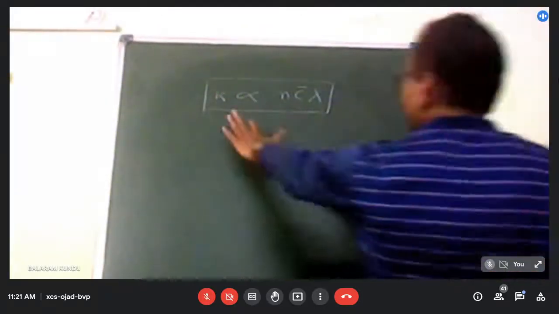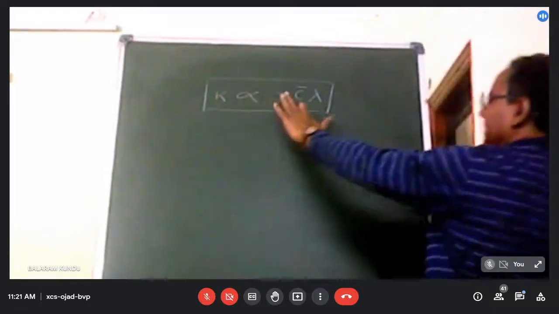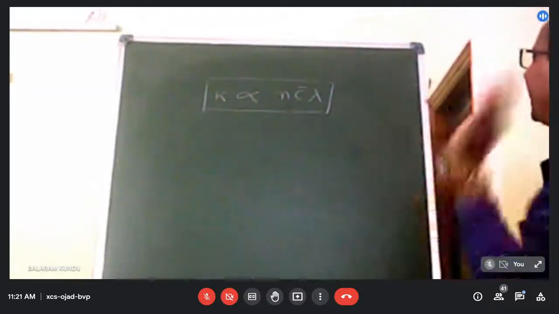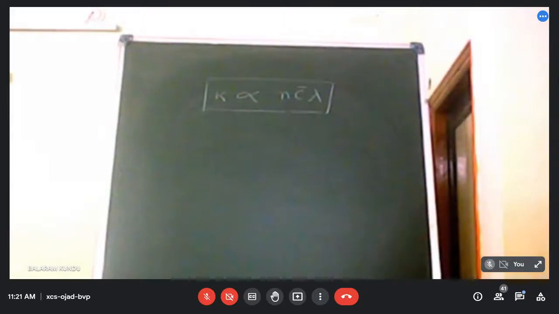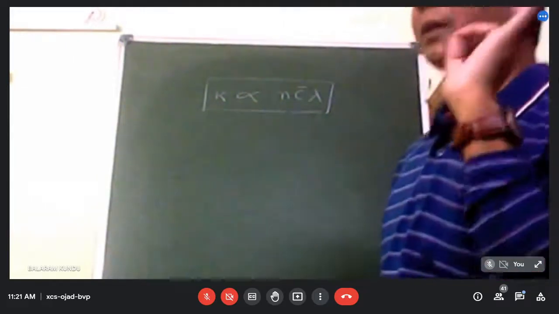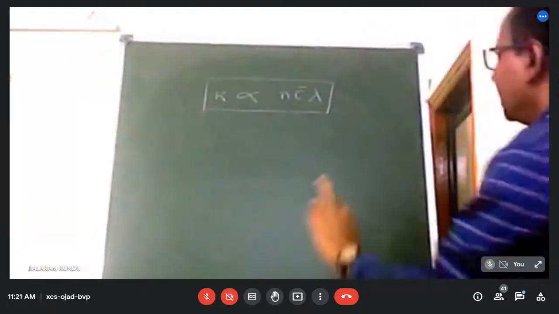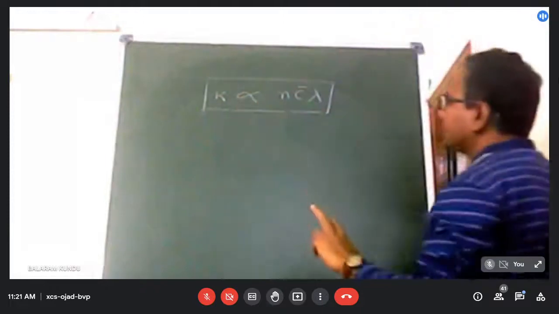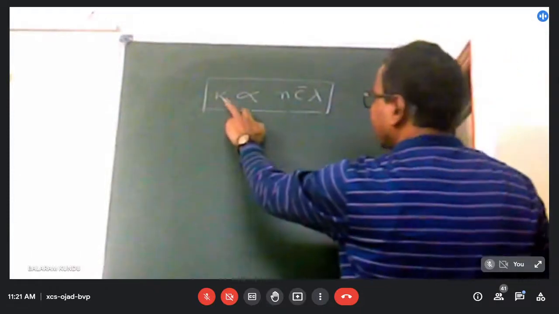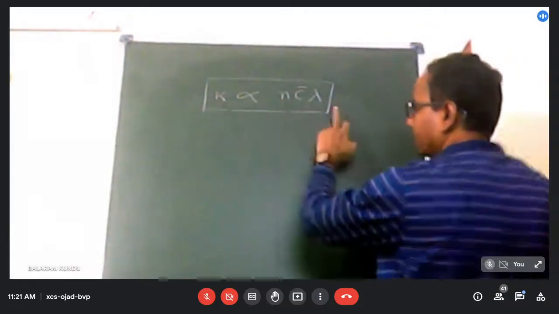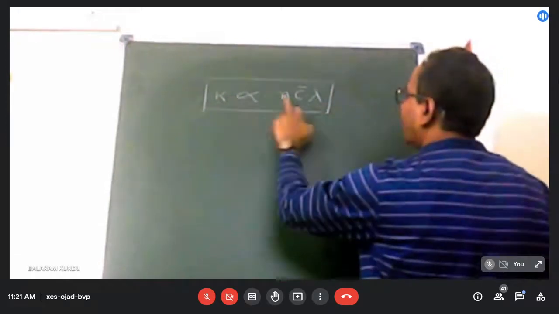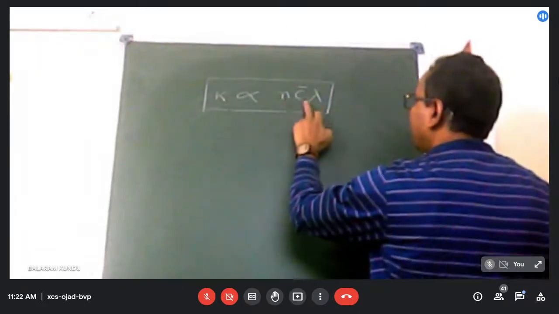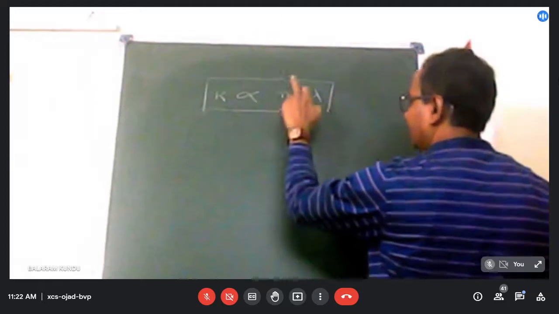So you see here, K is proportional to N, C bar, lambda. This is K for gases. Using kinetic theory of gases, K can be expressed in this way. What is N?